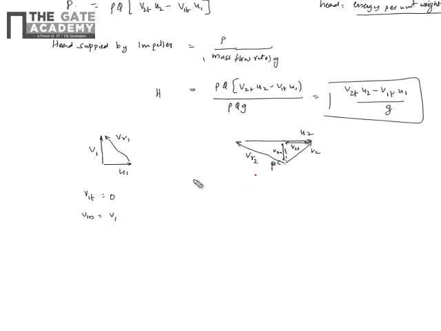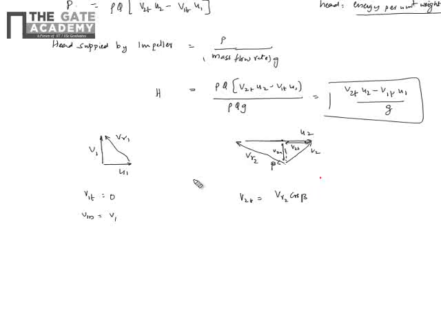Okay, so how do you find out v2t? Obviously the tangential component, in terms of vr2, is vr2 cos beta. Okay, and u2 is bigger than that.